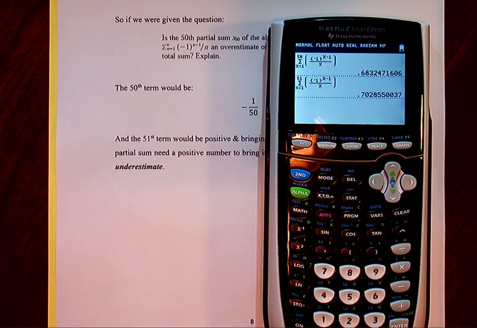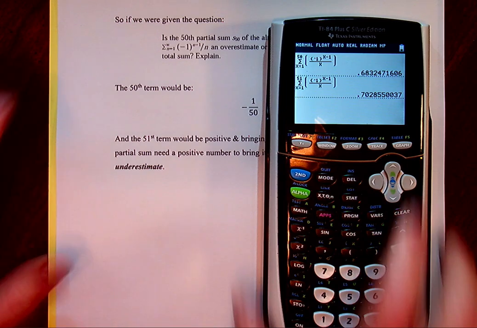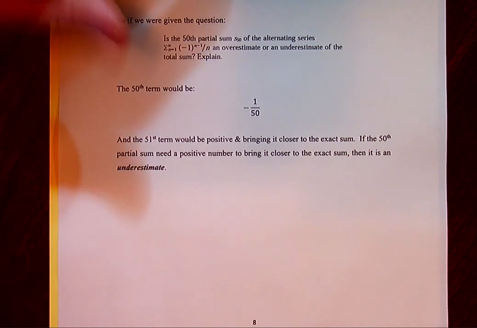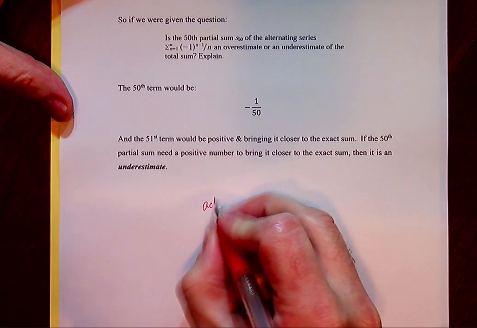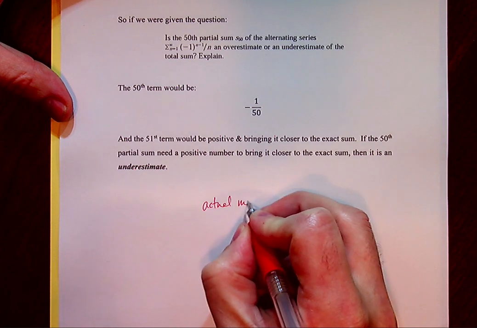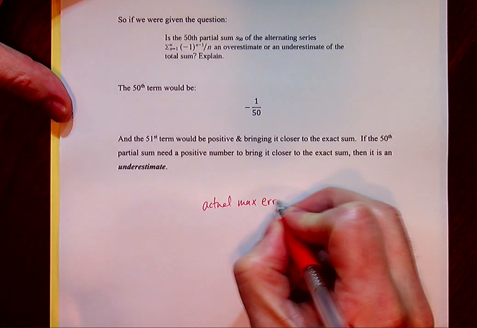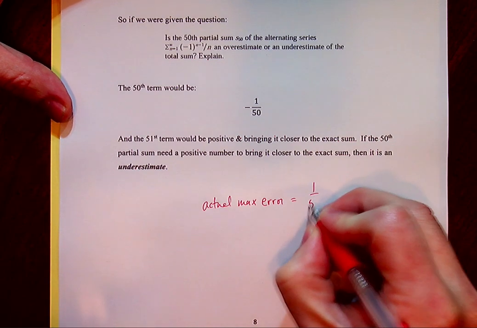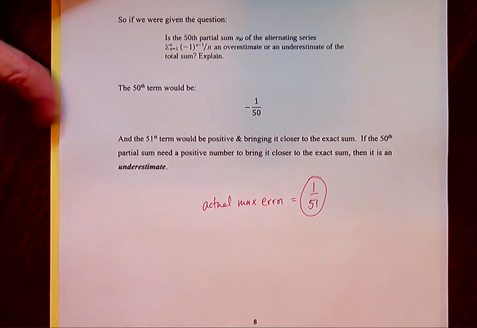Now the actual error is going to be the 51st term. So if you were looking for the actual max error, it would be equal to 1 over 51. It would be the absolute value of the next term.